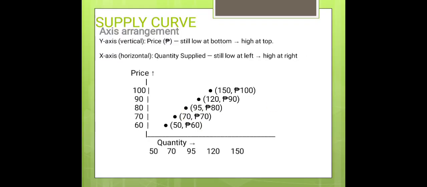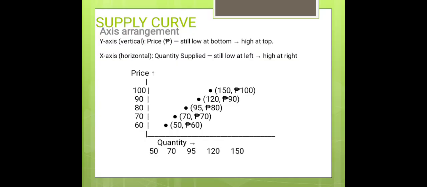For the supply curve, ganun pa din siya. Sa price, lowest from the bottom, highest din sa top. Yes, sa supply curve, ganun pa din. Yung arrangement natin sa demand curve, ganun pa din siya.